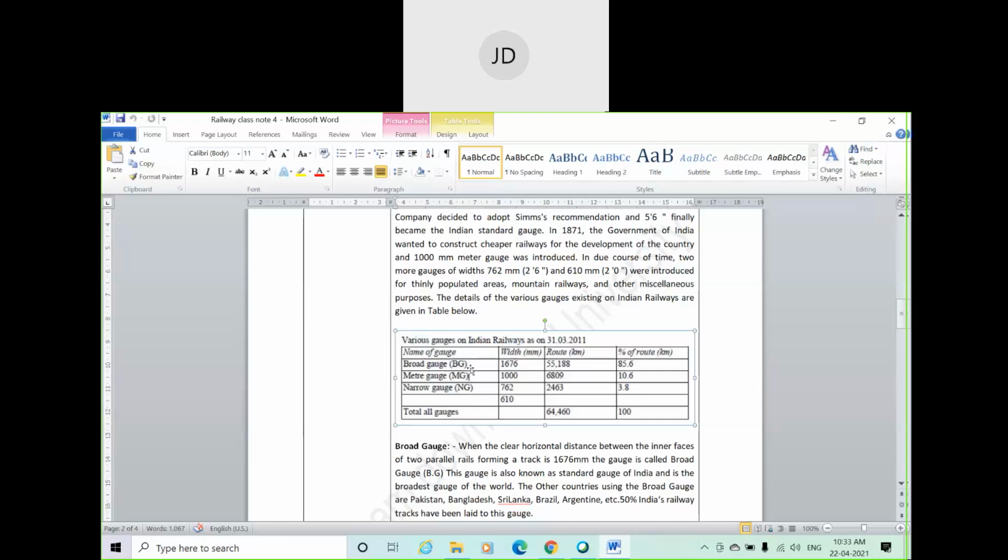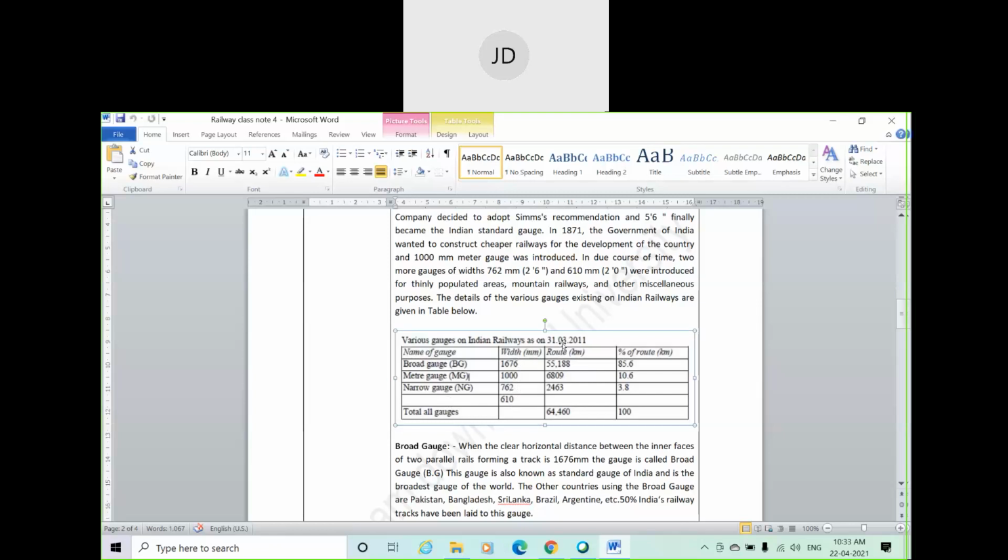Broad gauge, meter gauge and narrow gauge have a specific width. The width means the distance between the inner faces of the rails. For broad gauge it is 1676, for meter gauge it is 1000 millimeter. All the dimensions are in millimeter. For narrow gauge we have two types of width, 762 and 610 millimeter.